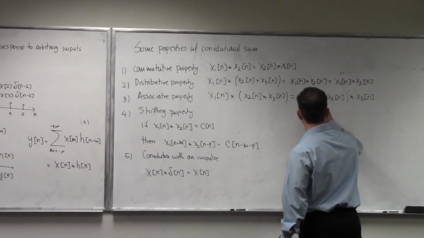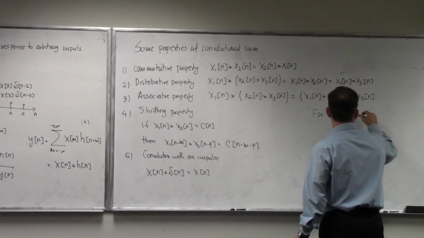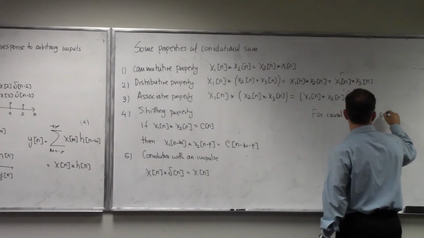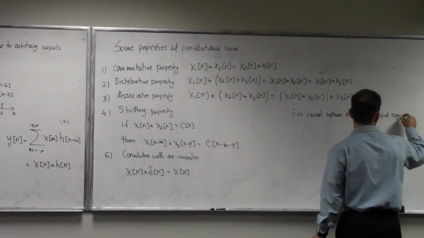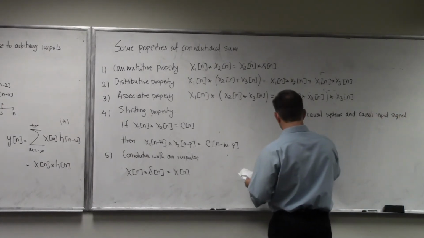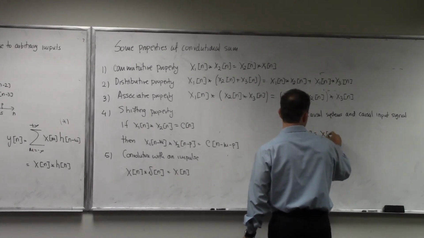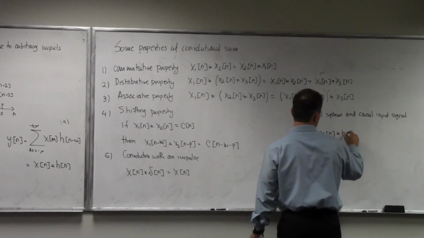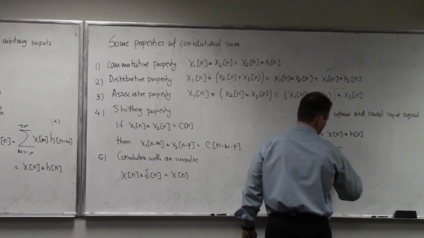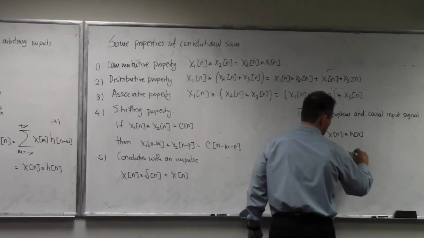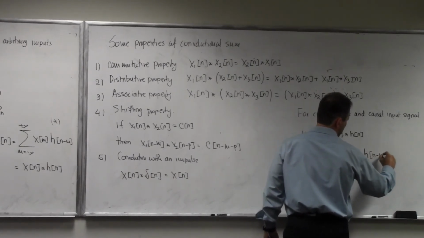So for causal systems and causal input signals, you have your y of n, again x of n convolved with h of n, which I can write as a sum over m, x of m, h of n minus m.